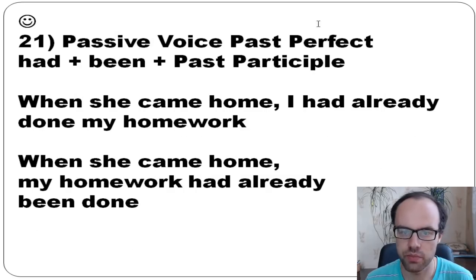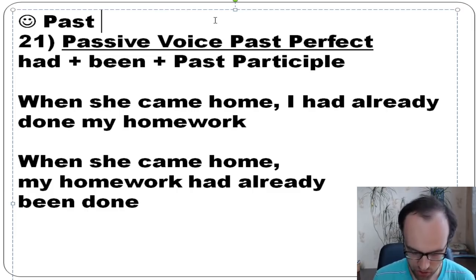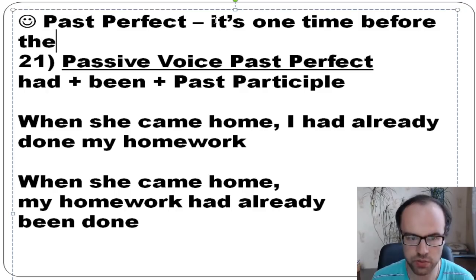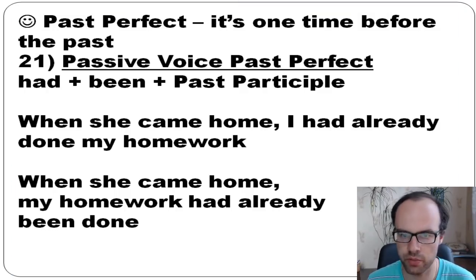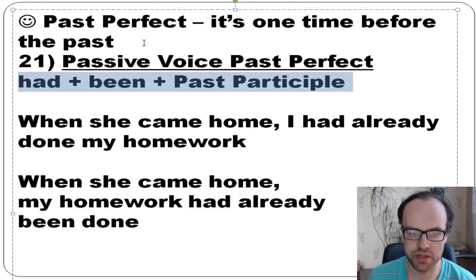Well, next. What about passive voice in past perfect? How do we form it? You know that past perfect is one time before the past. Okay, so I hope that you remember it. So passive voice, past perfect: had been plus past participle.